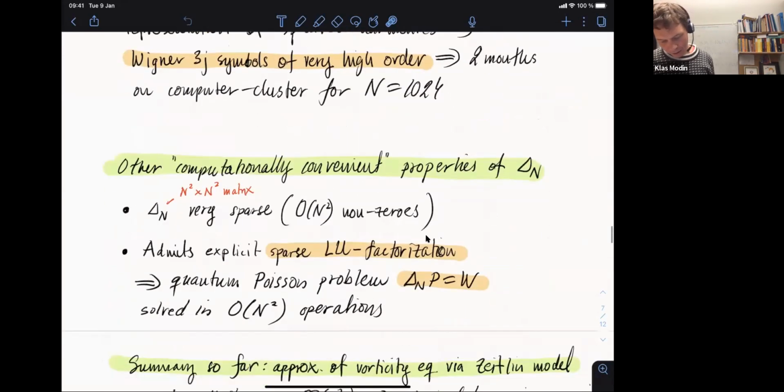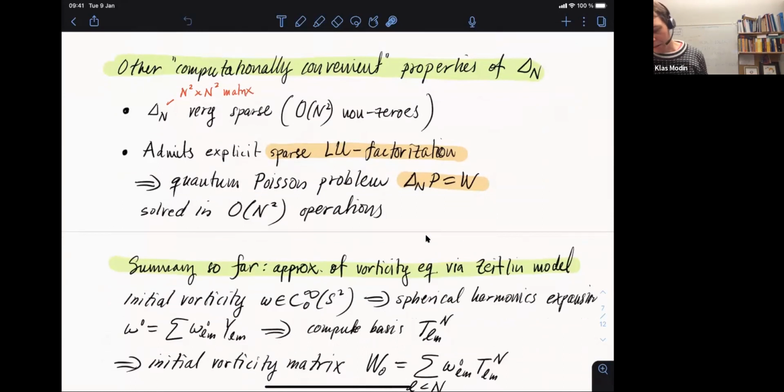Okay, so another computationally nice property of this Laplacian is that it's extremely sparse. As I said, it should be an n squared times n squared matrix, but it only has on the order of n squared non-zeros.